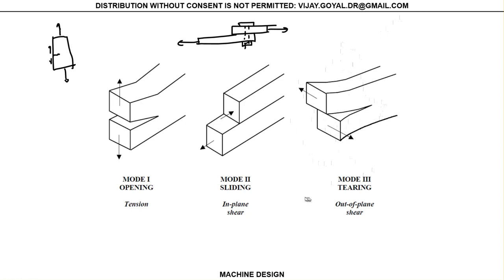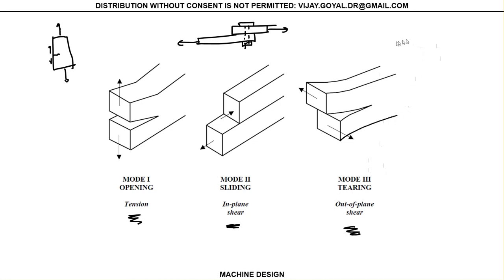In reality, all three modes act at the same time. You rarely have a pure mode 1, pure mode 2, or pure mode 3. What is important to memorize here, and where you may want to stop the video and take some notes, is this, which is in your book by the way. This is called opening, a tension problem. This is sliding, an in-plane problem. This is mode 3, an out-of-plane problem.